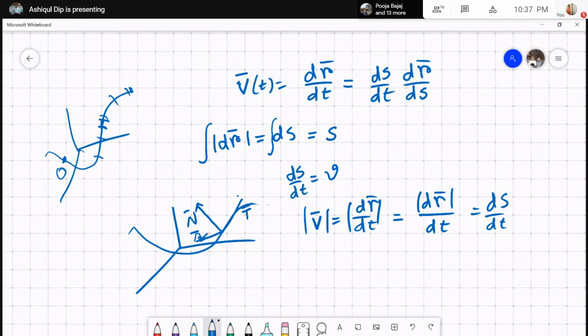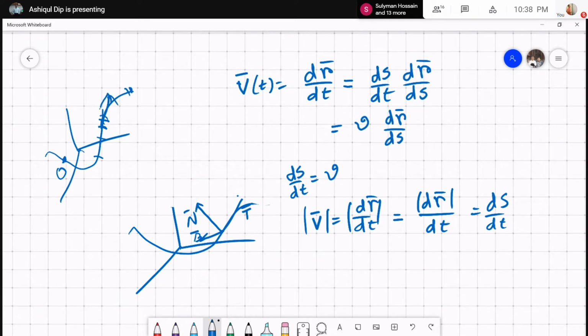By the definition of velocity, ds over dt is just the norm of the velocity v, and dr over ds is some vector that is tangent to this curve, right?